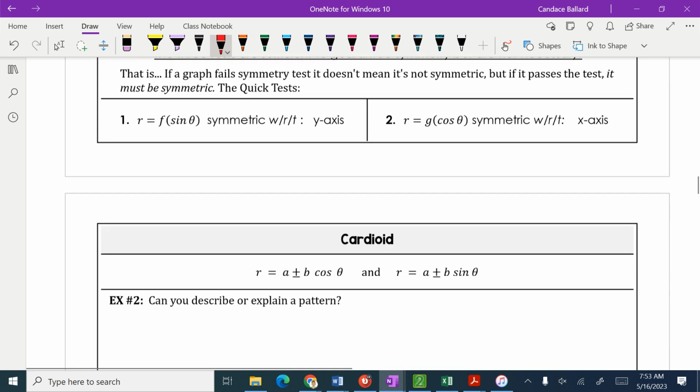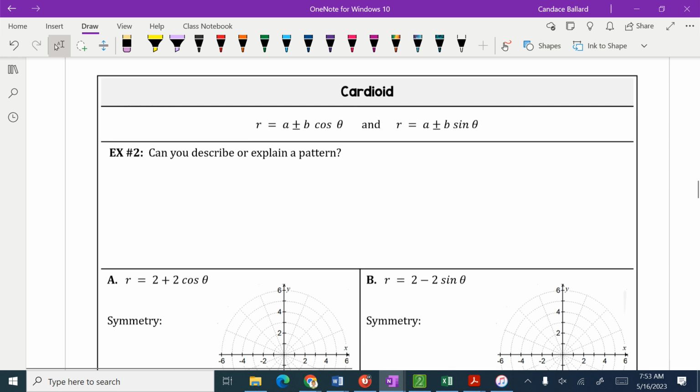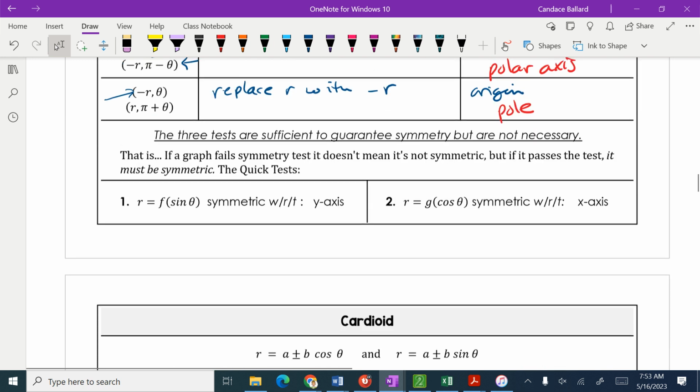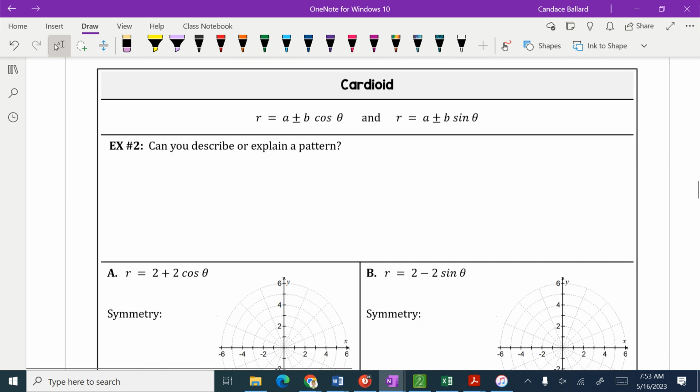All right, so we're going to spend a few minutes understanding a pattern and trying to write it down. You're going to get to see what some of these graphs look like in that pattern. They give us a new name for a type of polar graph.